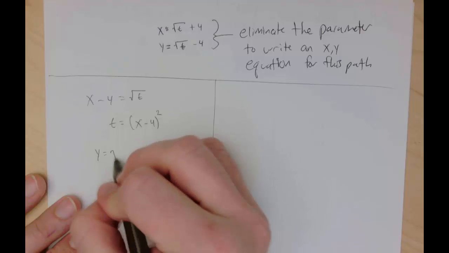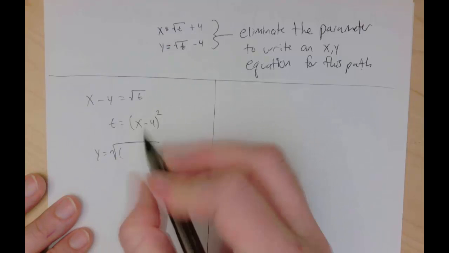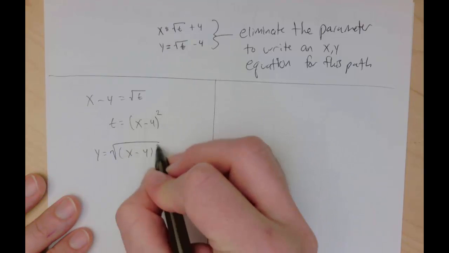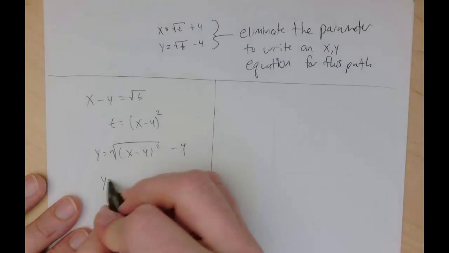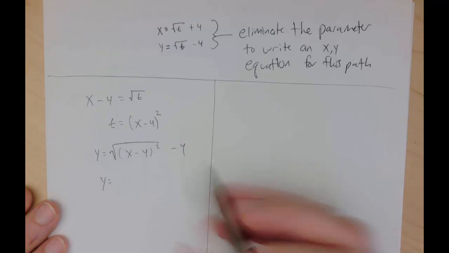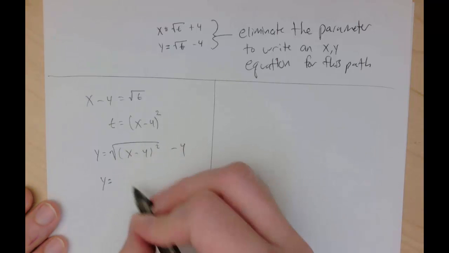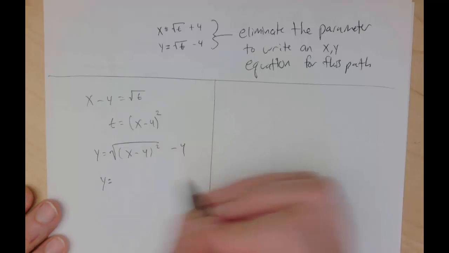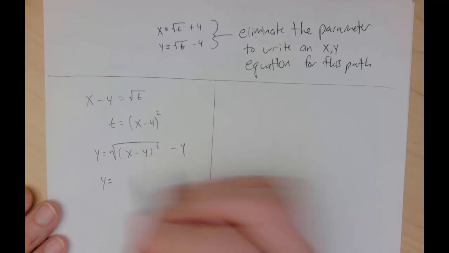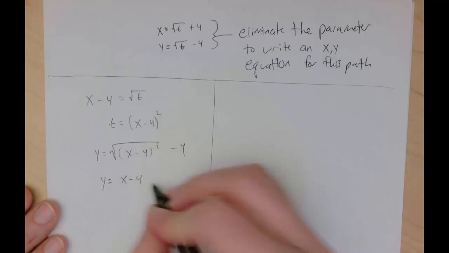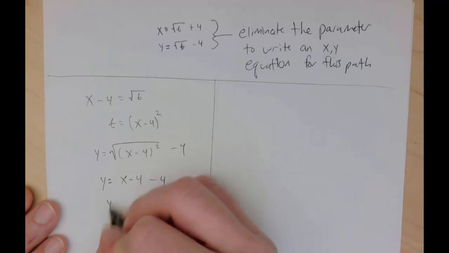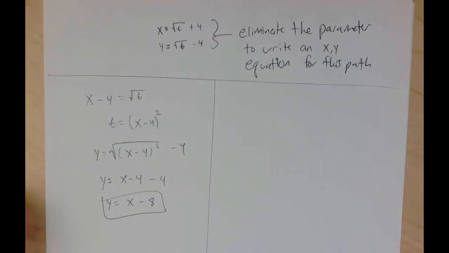So instead of root t, I'll write root of x minus 4 squared, and then I've still got the negative 4 on the outside. We know that squaring and square rooting are inverse functions, so they undo each other. So now I've got x minus 4 minus another 4. So this is just the line y equals x minus 8.